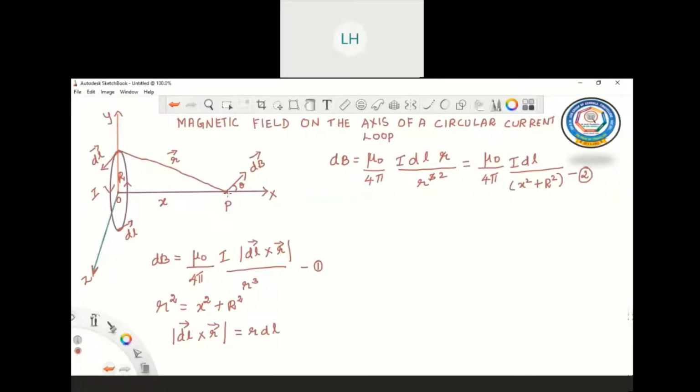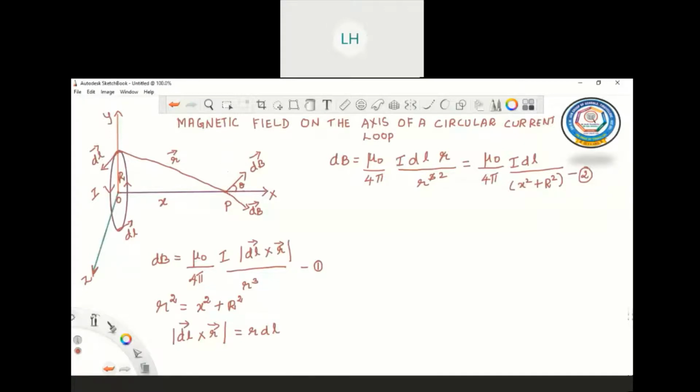It will be along this direction. Okay. Clear? So this dB will be resolved into two components. So you will have horizontal component and vertical component. That is, one component will be along the x-axis and one more component will be along the y-axis.